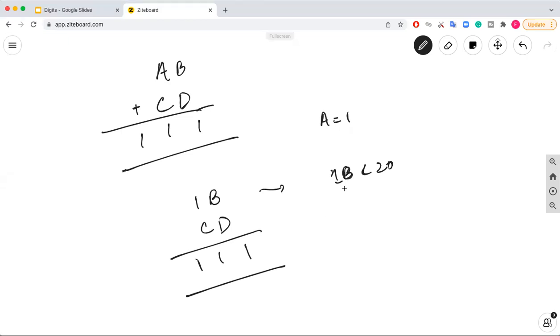The next thing is CD. What could be the value of C here so that we have a 3-digit integer?